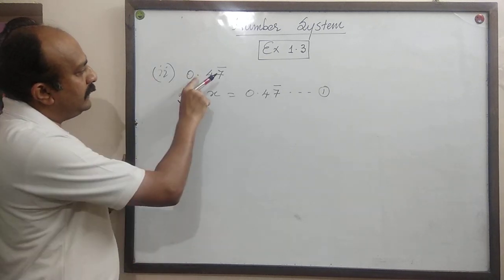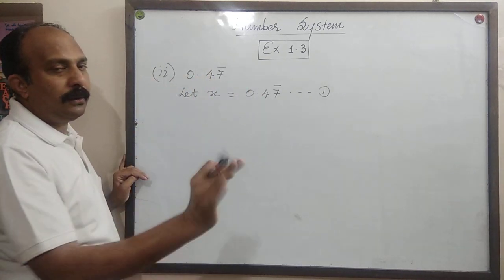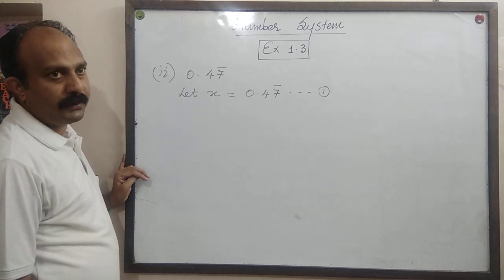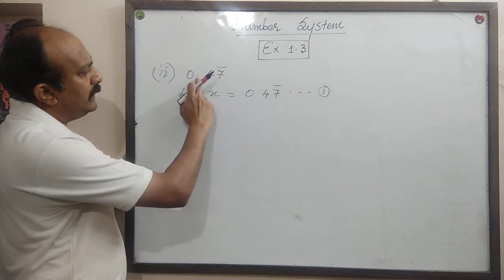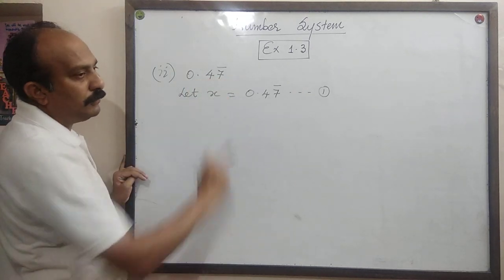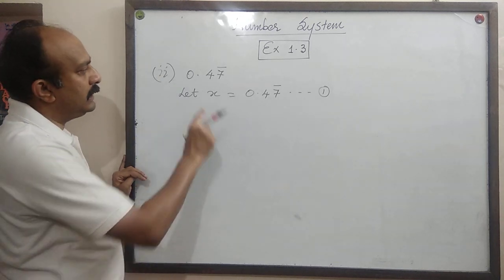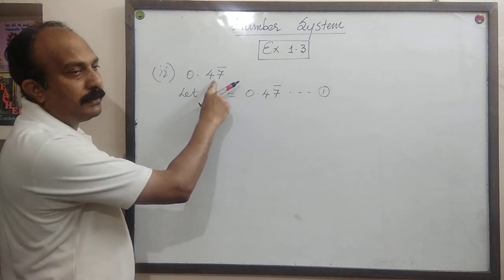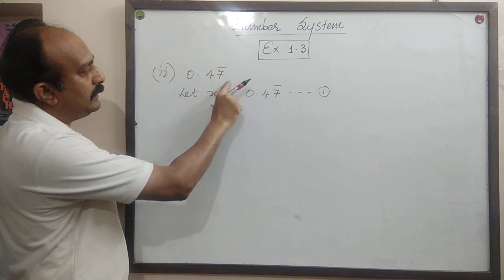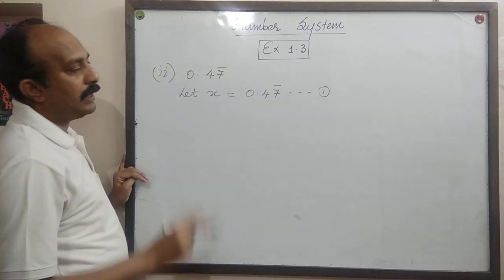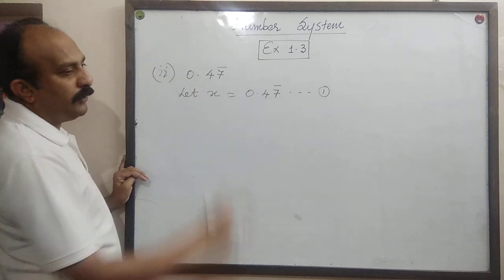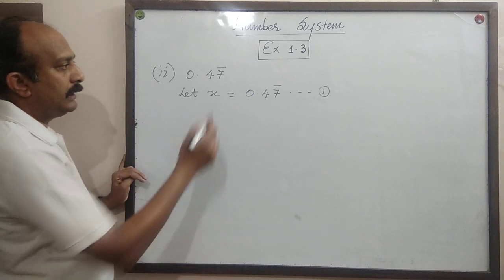Means after the decimal, we require only the bar on the right side of it. So how can we make it so? If the decimal moves 1 place to the right, it will become 4.7 bar. Then after the decimal, there will be only bar. So for making it 4.7 bar, what is to be done?